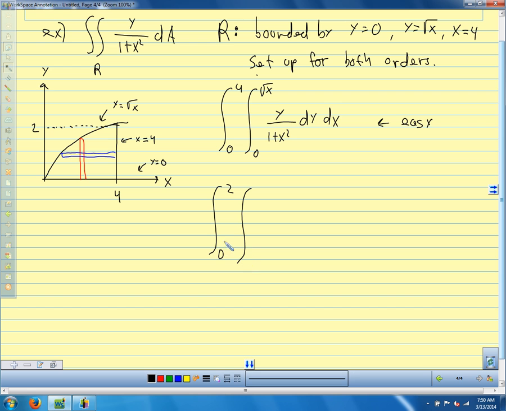X is varying from what to what here? From y squared to 4. I can write this as x equals y squared. So we're going from y squared to 4 here. And then our integral is y over 1 plus x squared dx dy.